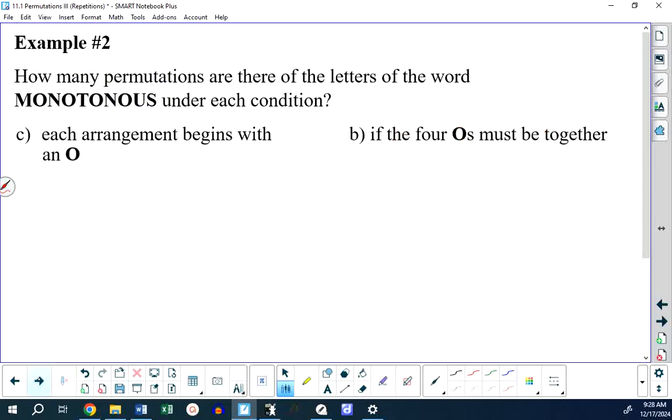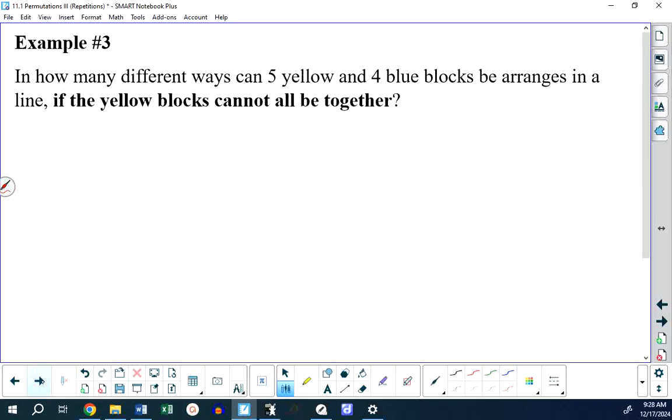Okay. How many different ways can 4 yellow and 4 blue blocks be arranged if the yellow blocks cannot all be together? Well, we did this in the first lesson, or I did it for you.